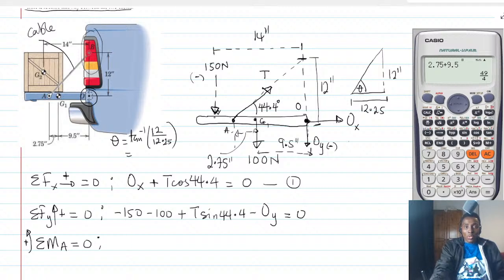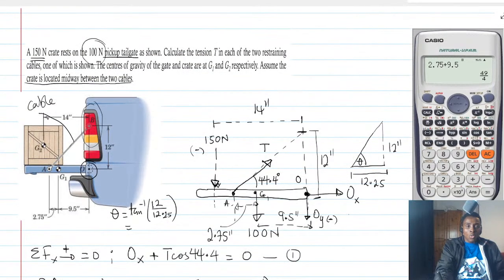So now this is what we want to do. What is the distance from? Okay, let me go back to the diagram. On the diagram, what is the distance from the center of gravity of the crate to where the cable is attached to the pickup tailgate? If this is A, then the distance all the way here, how can we get it?